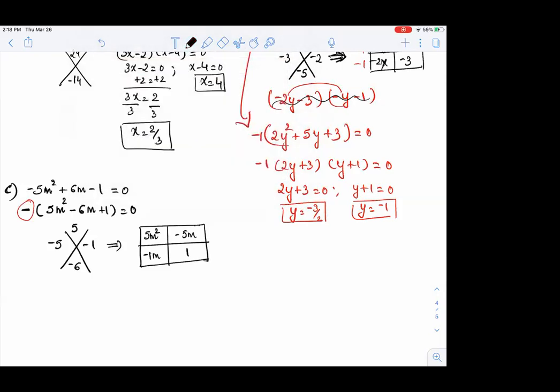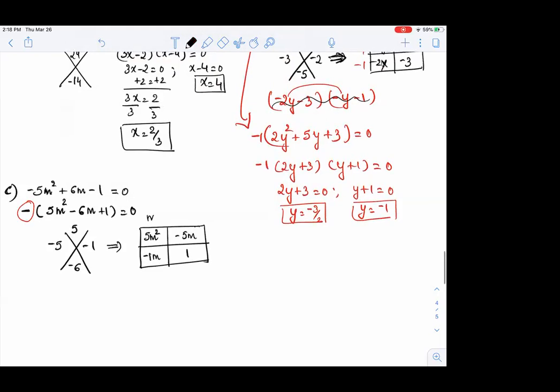If you look at this one, there is an m. This is starting with a negative 5m and then a 1, so you can think about negative 1. This is 5m. Again, starting with a negative, so negative 1.